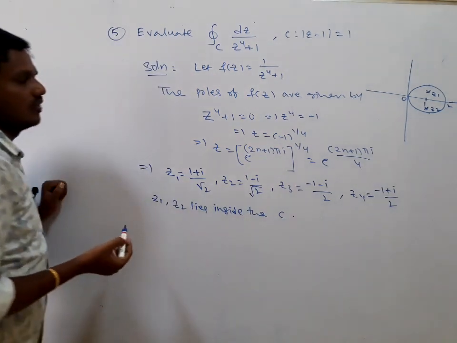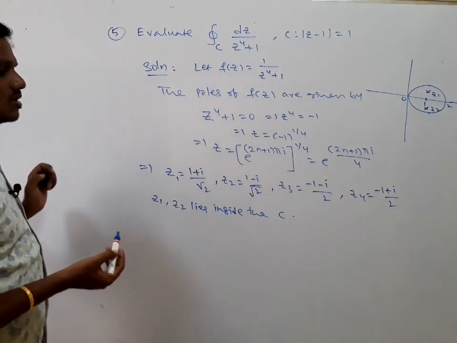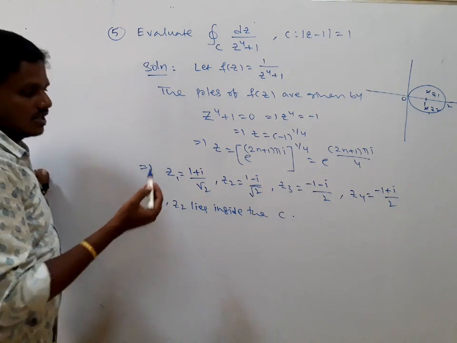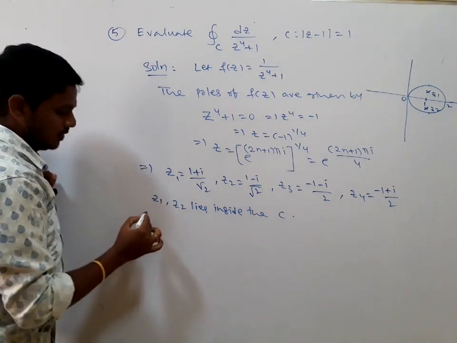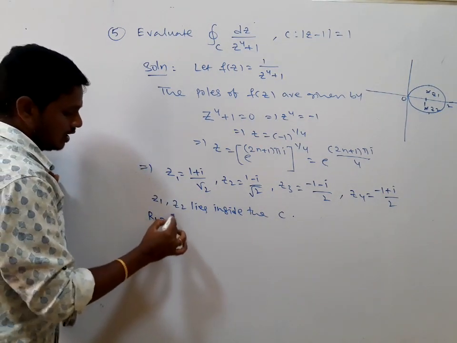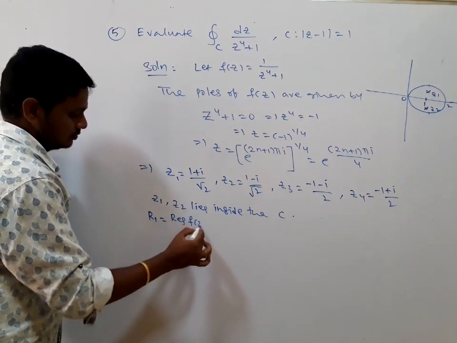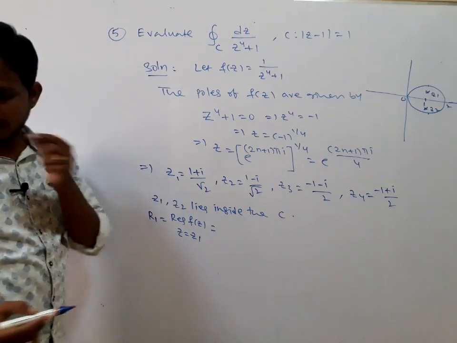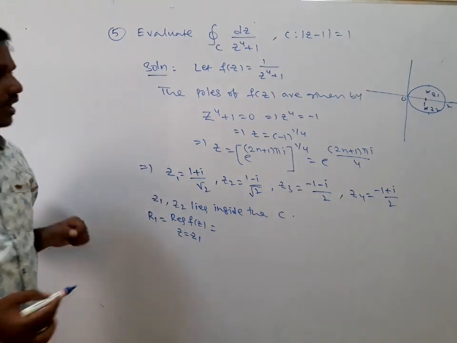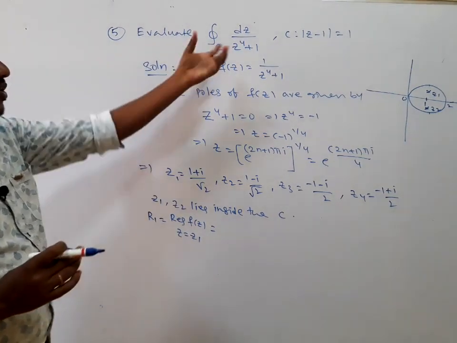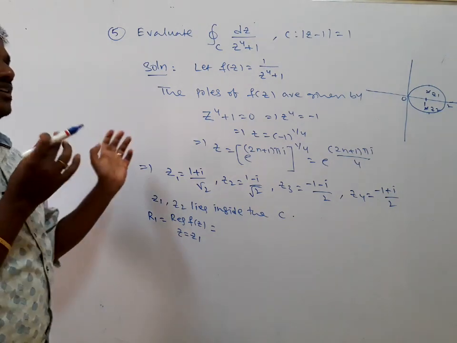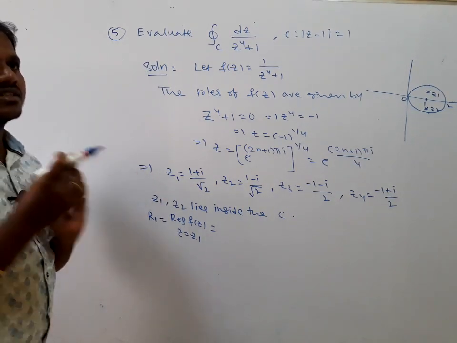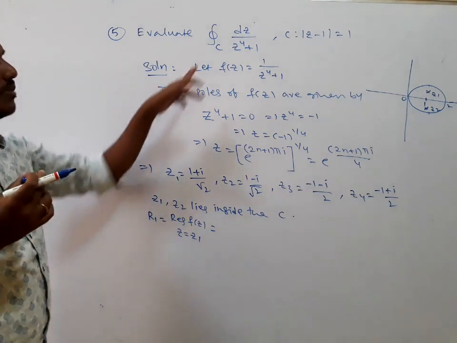Now I am going to find the residue of f of z at z equals z1, call it R1. How are we going to find this residue? It is not convenient to write the factors z minus z1, z minus z2, z minus z3, z minus z4.